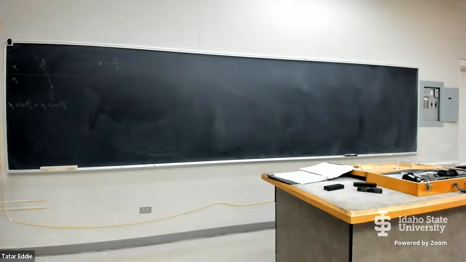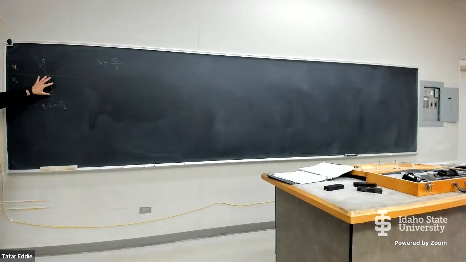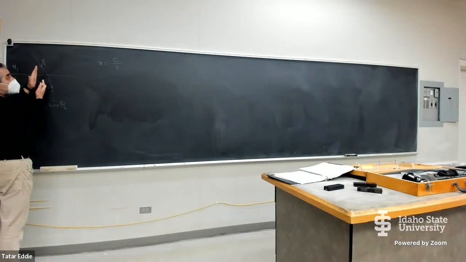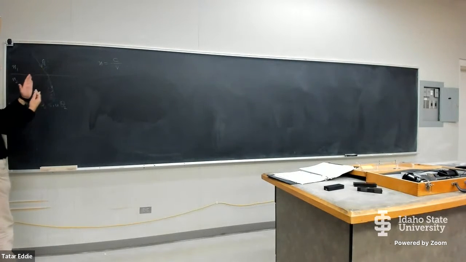Well, the rule is that when the light enters an optically denser medium, in which the speed of propagation is smaller compared with the speed of propagation of light in the first medium, the refracted light ray gets closer to the normal.